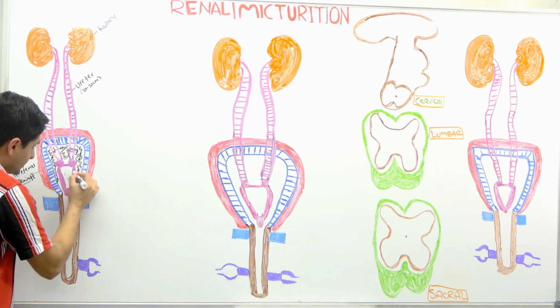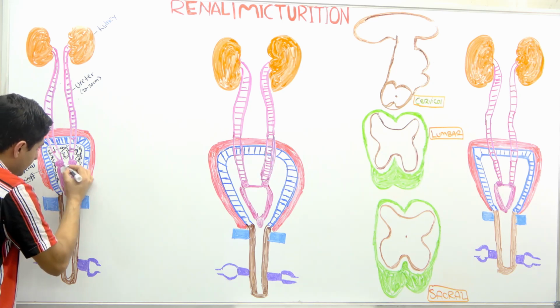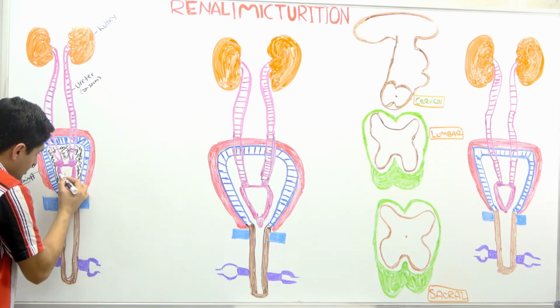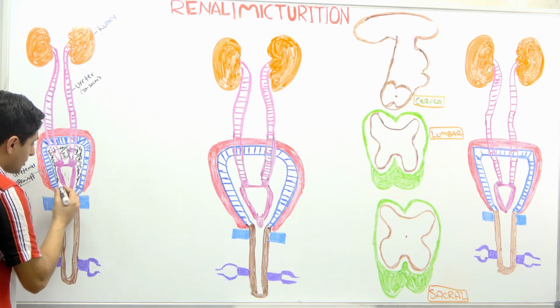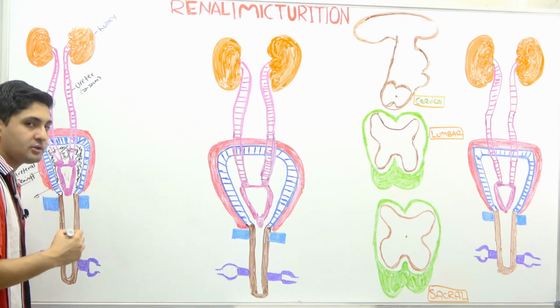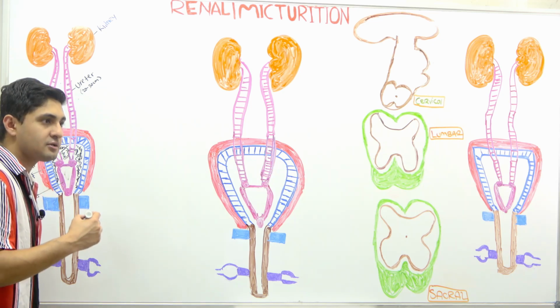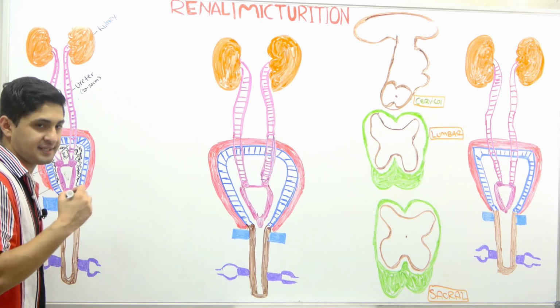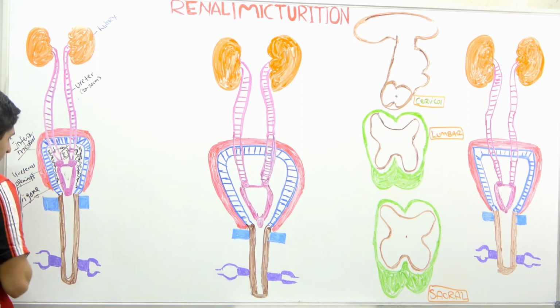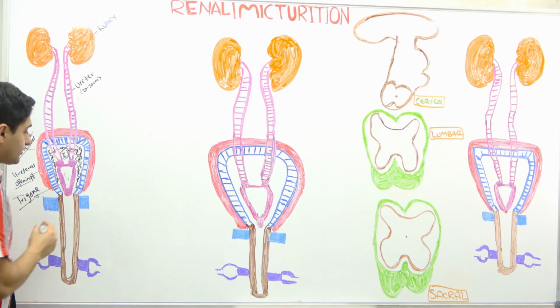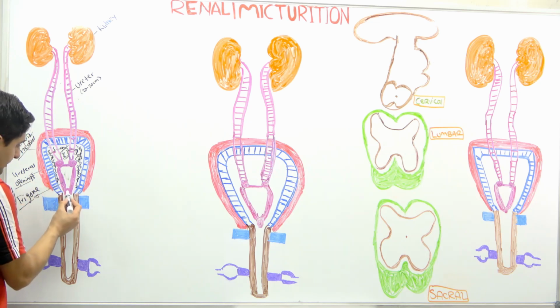And then you see this triangular structure, which is inside your bladder. This is called your trigone, or trigone vesicae, but I'll just write trigone for our case. And this area right here is the center of the trigone. The triangular shape is called the trigone.